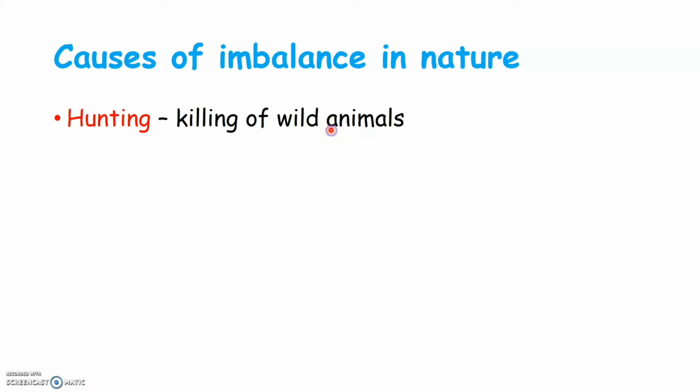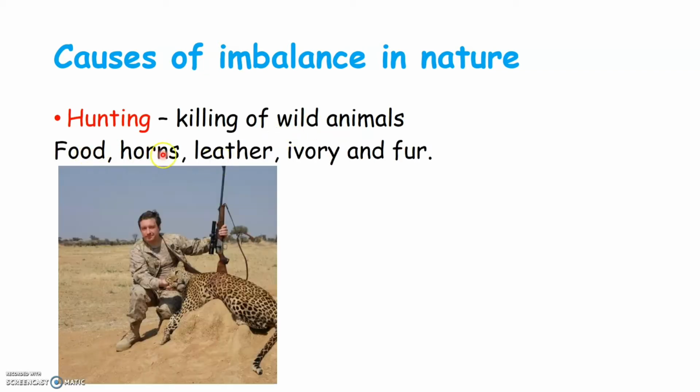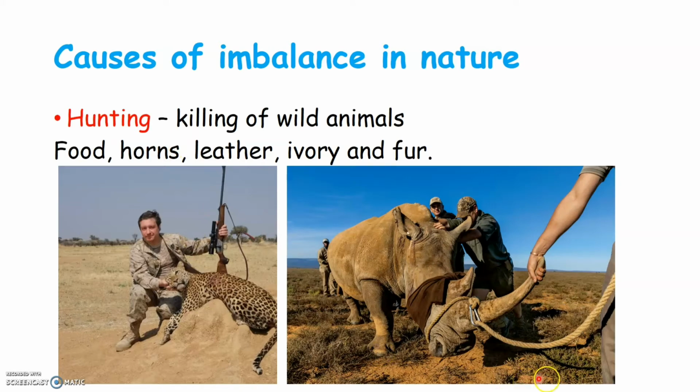Yes, we hunt animals for food, that is to eat them, for their horns, as you see here in the case of a rhinoceros, for leather, for ivory and also for fur. So we human beings kill these wild animals for food, horns, leather, ivory and fur.